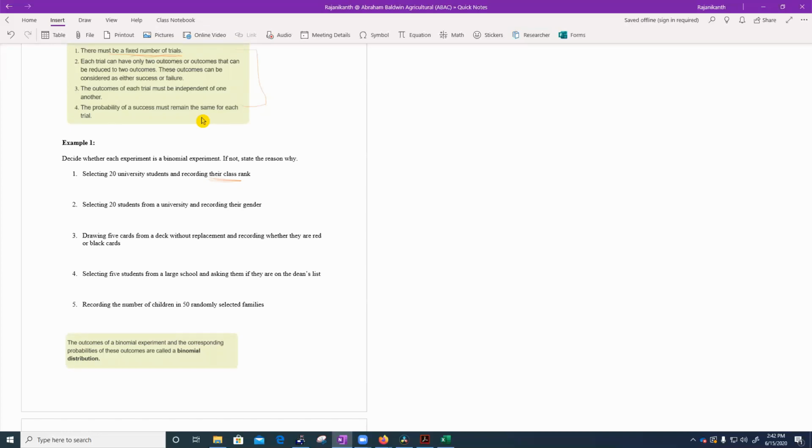Remember, when you rank 20 students, you will have ranks from 1 to 20. That means the outcomes are possibly more than 2, so this is not exactly two outcomes. This experiment does not satisfy the second condition, which says that if the experiment is binomial, you should have two outcomes.